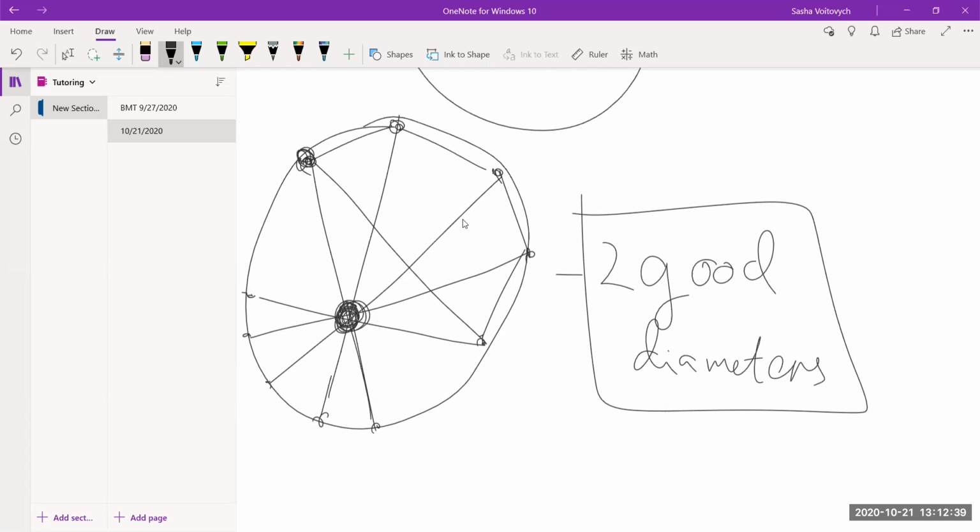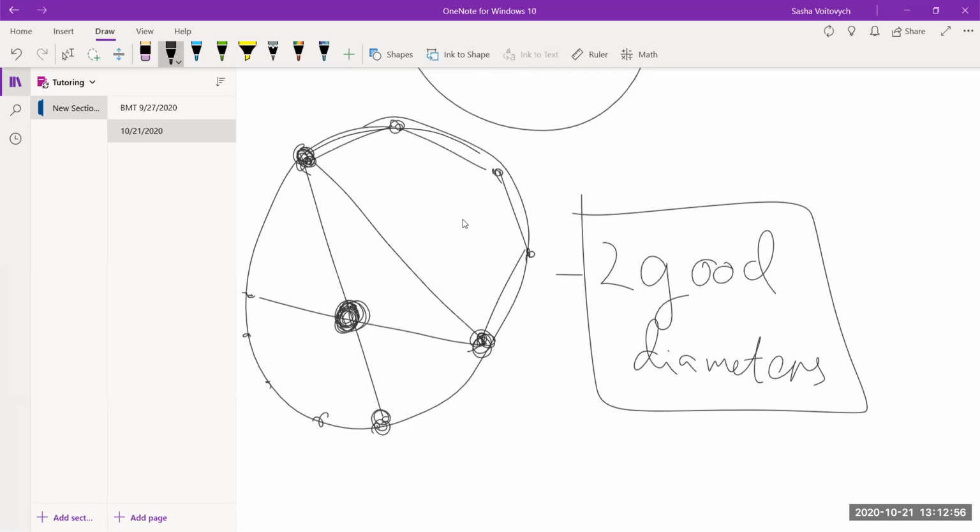Which ones would those be? Well, those would be these ones: the first and the last point on this arc.